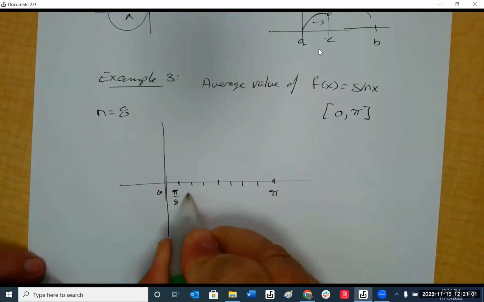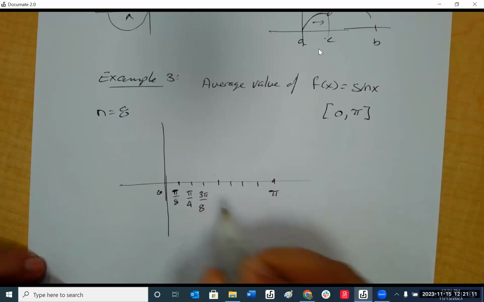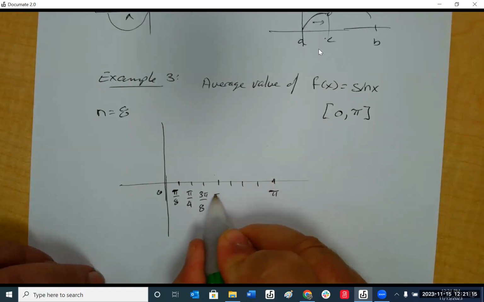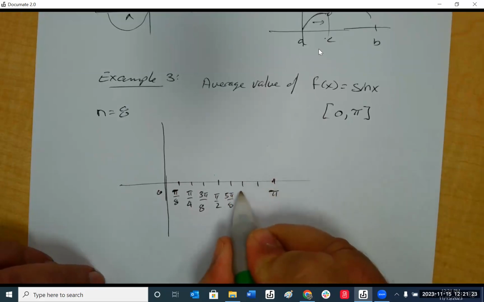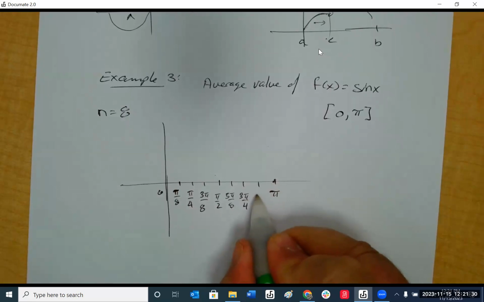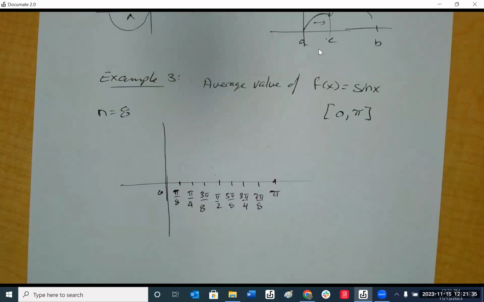Next one is 2 pi over 8, which is pi over 4. 3 pi over 8. Next one is 4 pi over 8, which is pi over 2. 5 pi over 8. 6 pi over 8 is 3 pi over 4. And 7 pi over 8. And 8 pi over 8.